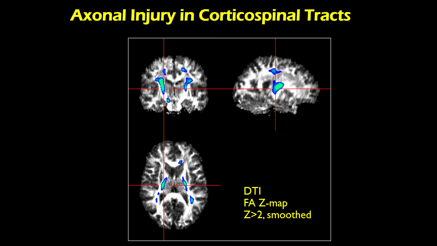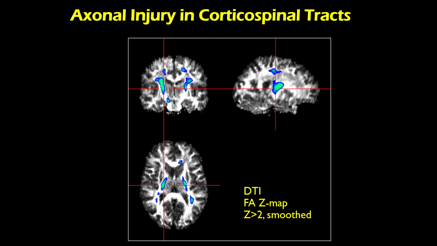Her corticospinal tract, which is here and here on both sides, was affected fairly prominently, and this is the major motor tract that supplies the limbs, and when we see these kinds of injuries, we expect that we're going to see a loss in fine motor dexterity, and in fact she did.